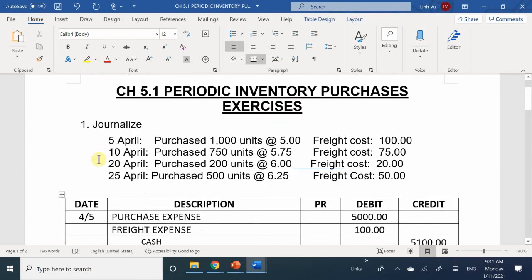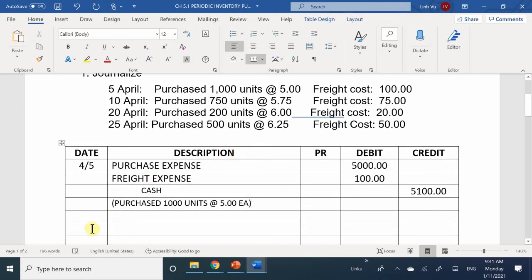All right. So the next one is on April 10th, you purchased 750 units at $5.75. Freight cost you $75. So how do I journalize this? Purchase expense. What else?